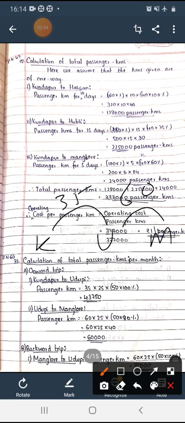During the onward journey, onward means at the time of the first journey, going.